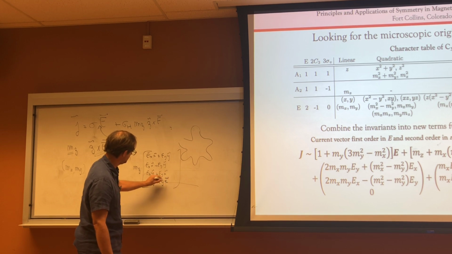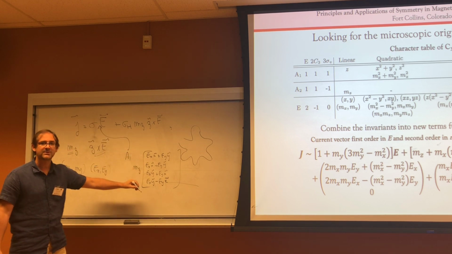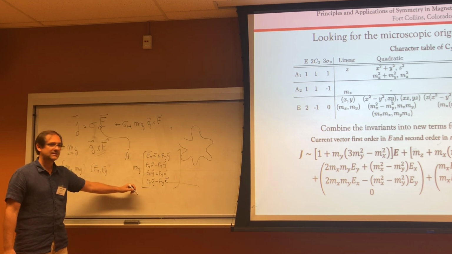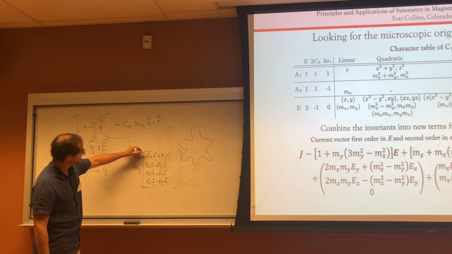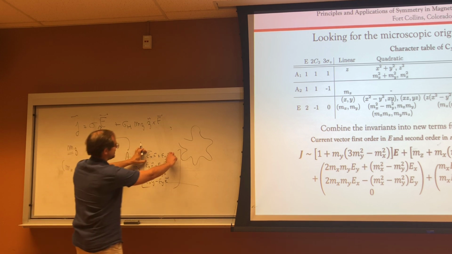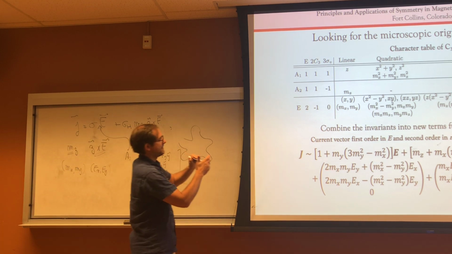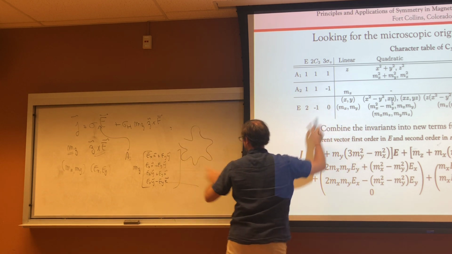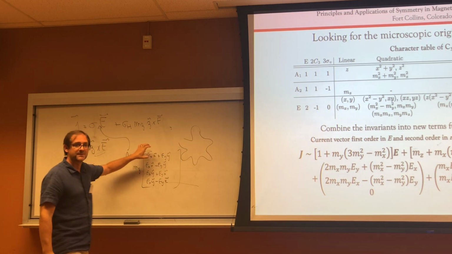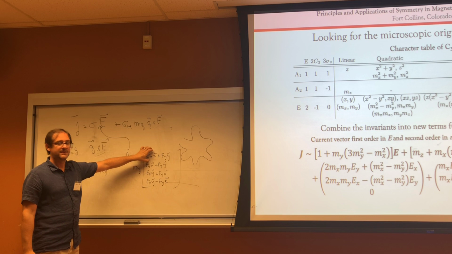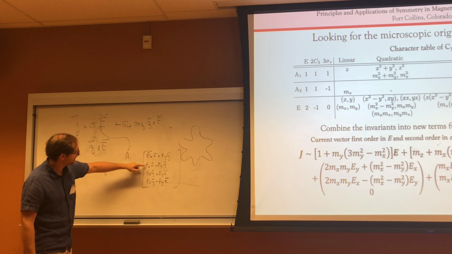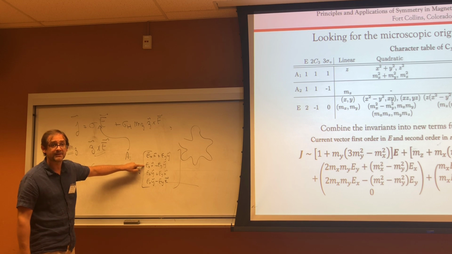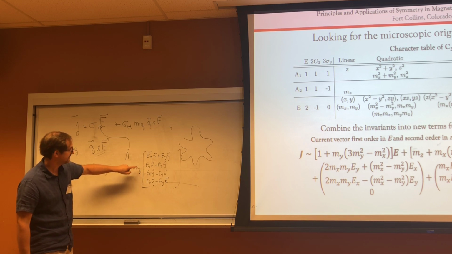Okay, these are all the possible combinations. And now we just look at when I take this. So if I just pick this one, it is a polar vector. So this is my current. Now it turned out that looking at the different components, the only one that gives you a polar vector at the end of the day is this guy times this one.